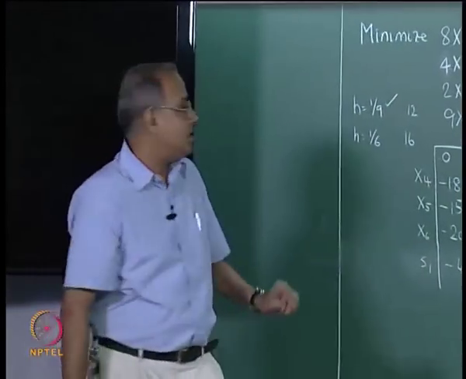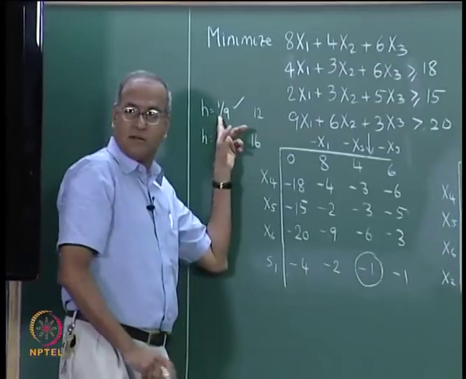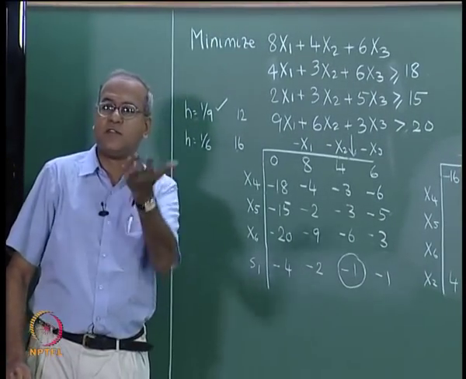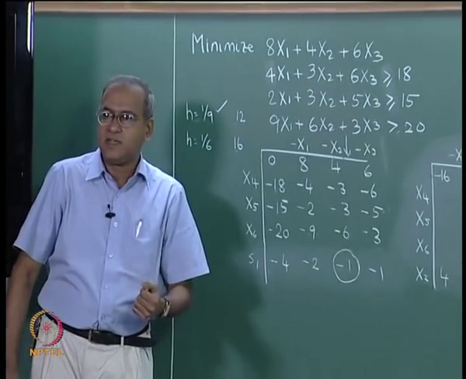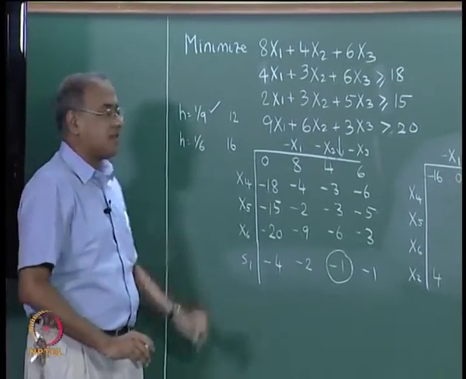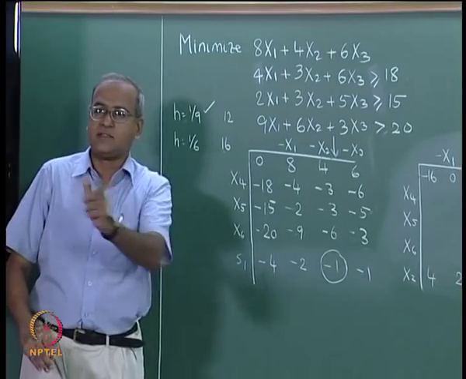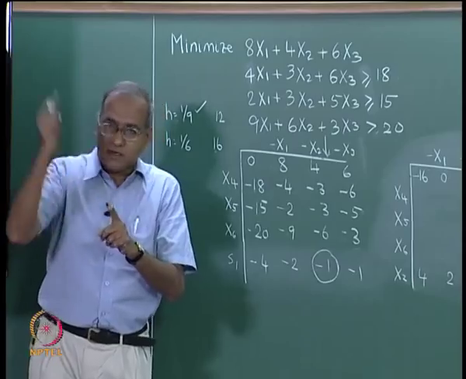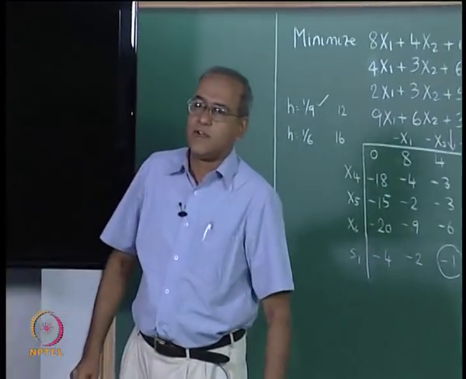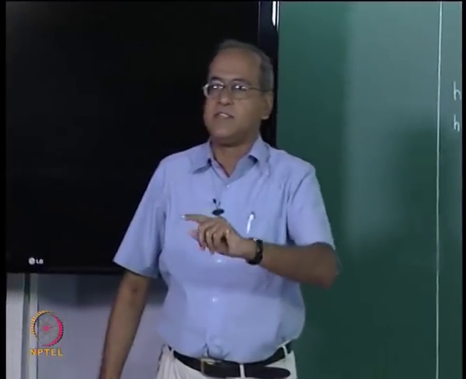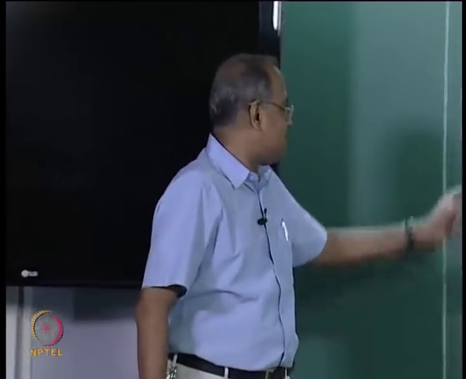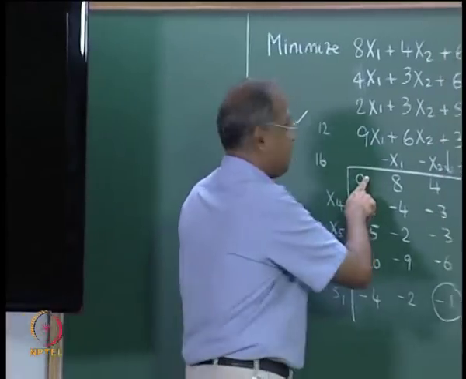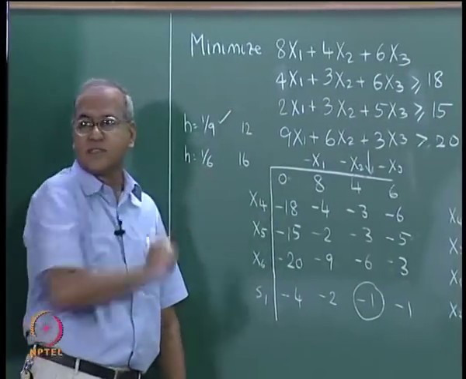Now, the question is, would we prefer to use 1 by 9 and create an all integer dual cut, which takes the objective function from 0 to 12 first, or would we use a 1 by 6 to take us to an objective function of 16. So, if we go back to very conventional simplex method, we had always used what is called the largest coefficient rule, but this is something like your largest increase rule, because from 0 we have now moved to 12 and we have moved to 16.